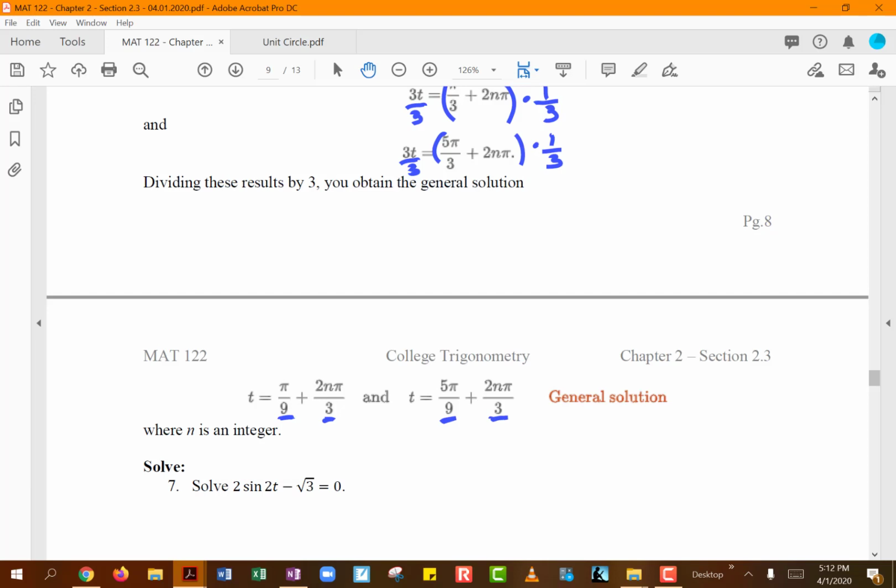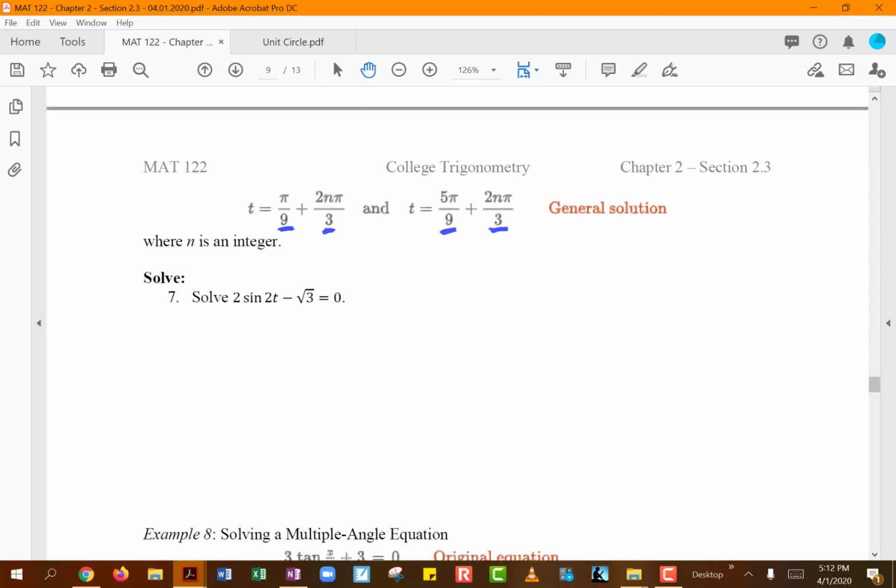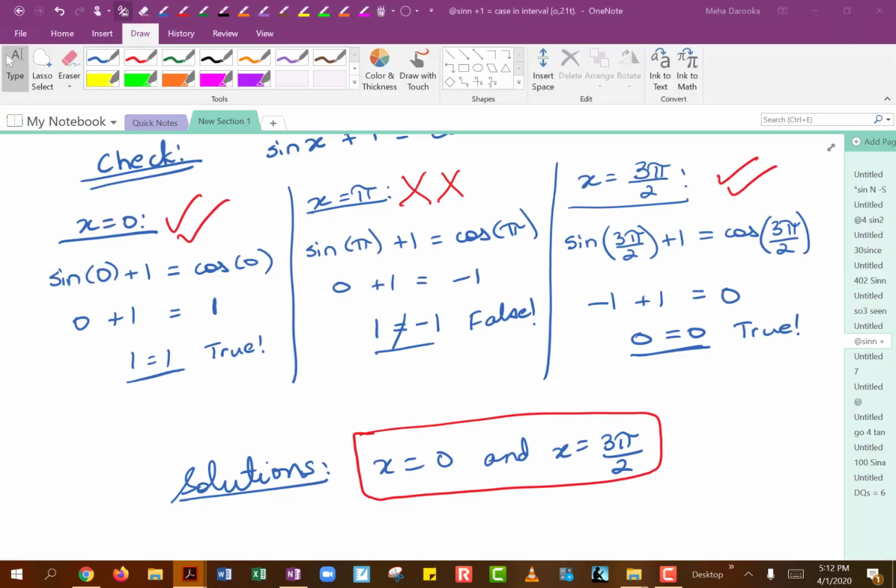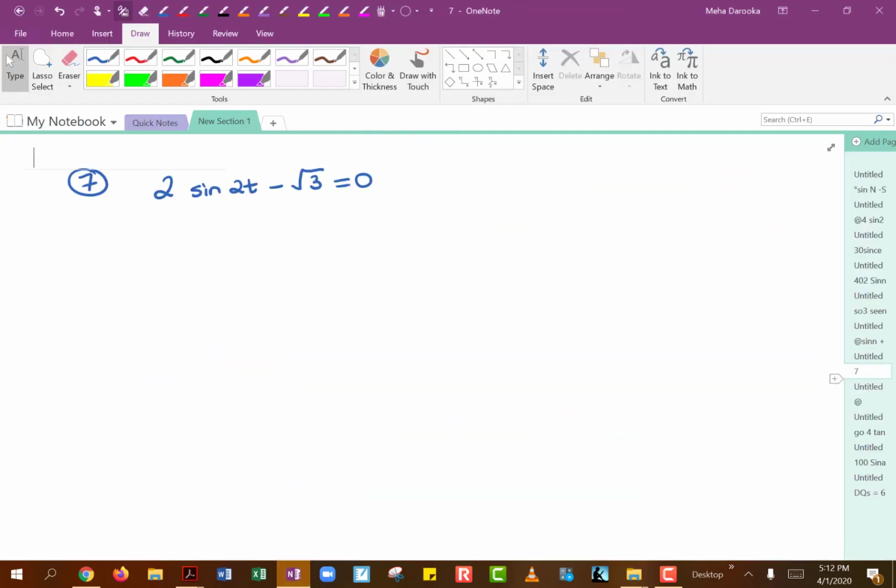Okay? So that's the same kind of thing we're doing in number 7 here. We are given 2 times sine of 2t minus square root of 3 equals 0. So let's see how we can go about solving this.